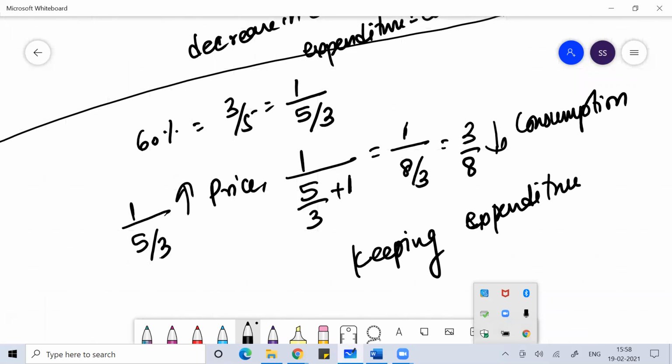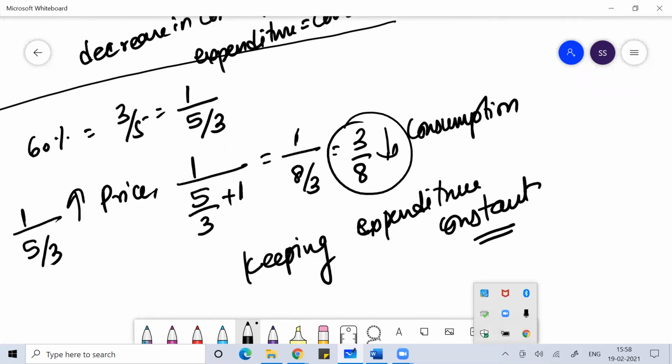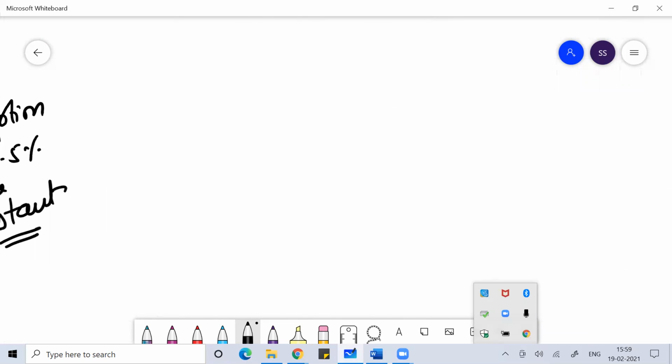The other way of writing 3 by 8 is 37.5%. Remember this. Whichever way you speak, it all means the same thing.